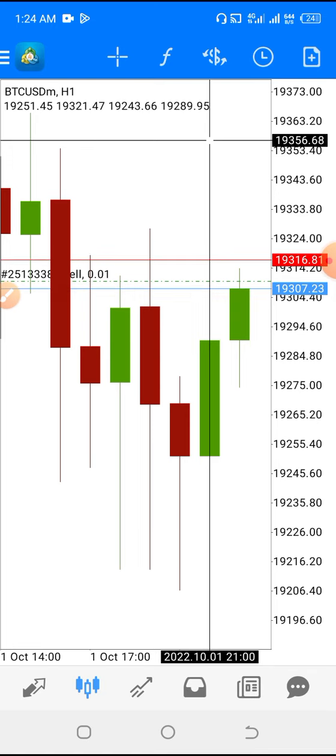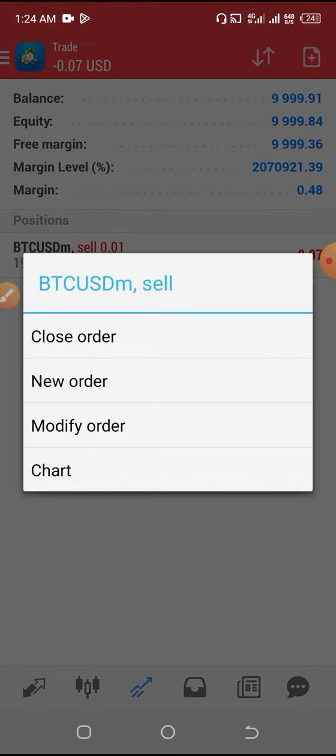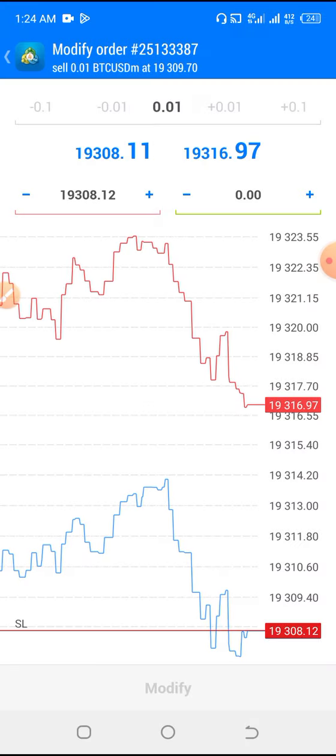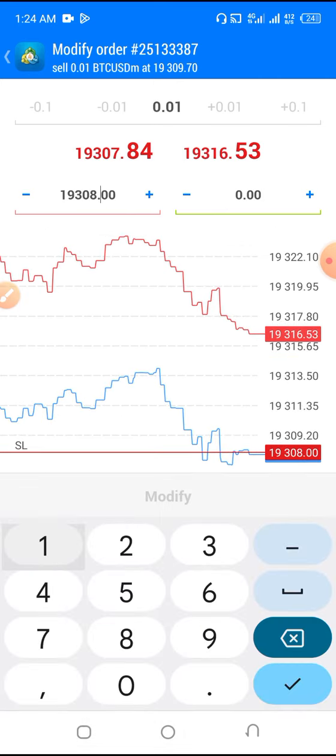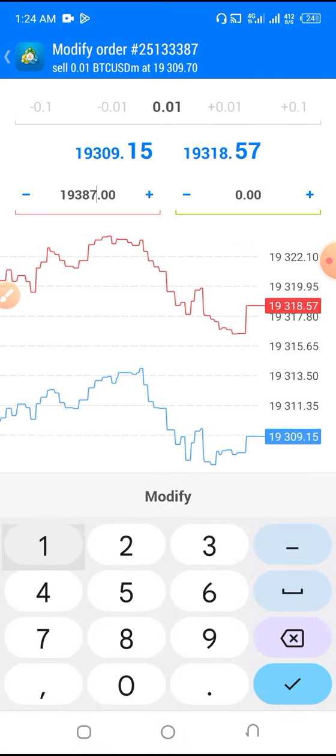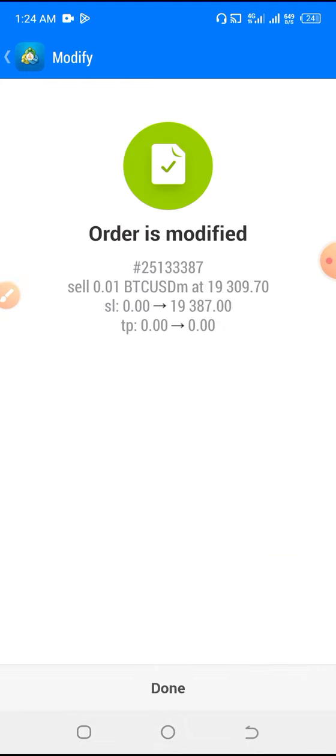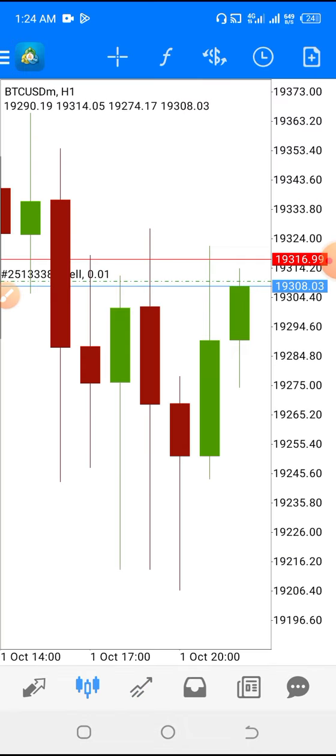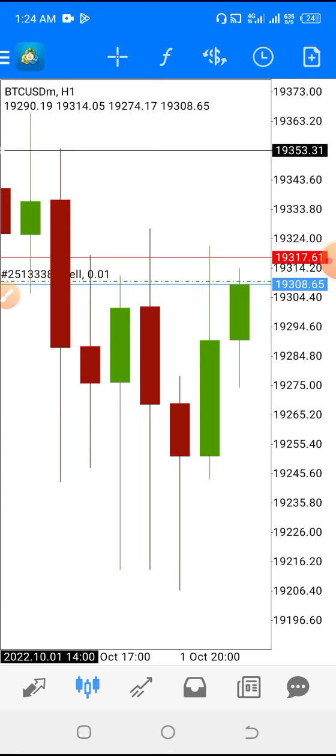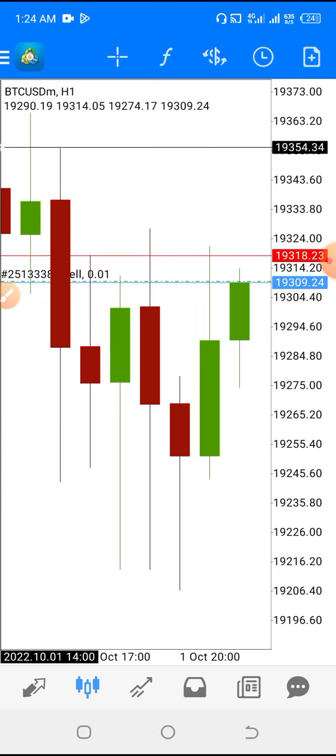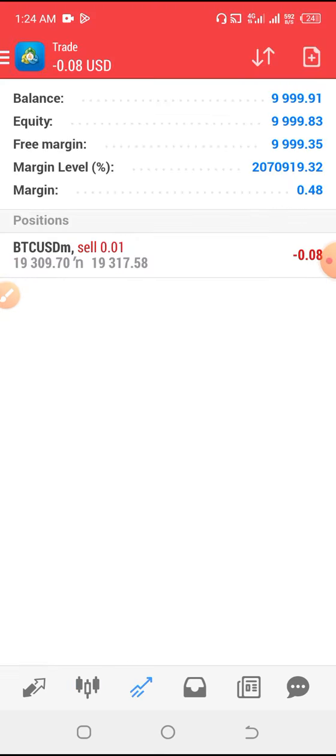You just hold it for a while, then go to modify order and write the stop loss 19,387. Click on it. It has already modified. I think I didn't write the right digit. Let me write again. Let's say our stop loss is 19,354.